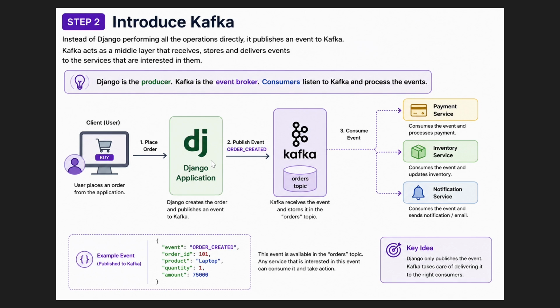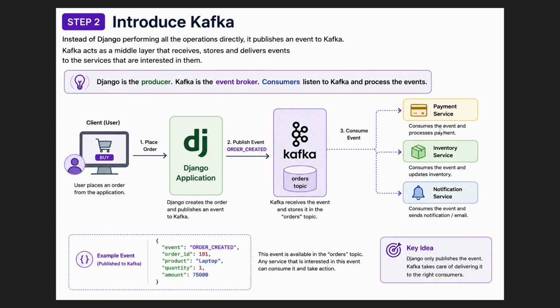Django does not need to know how the consumer works. It only needs to publish an event to Kafka. We can also have multiple consumers interested in the same events. For example, when an order is created, one consumer could handle payment, another could update the inventory, and another could send notifications.